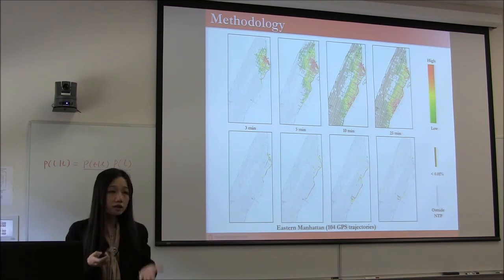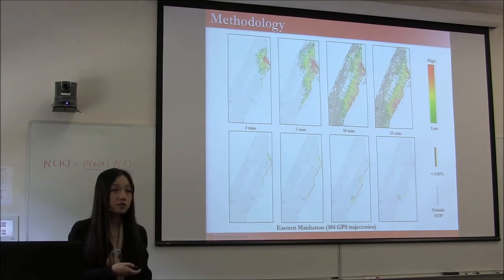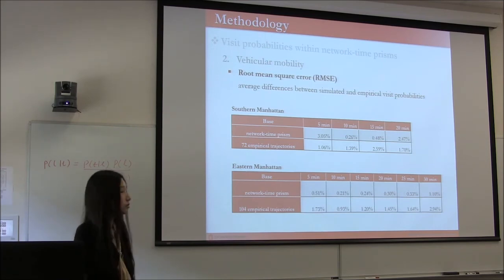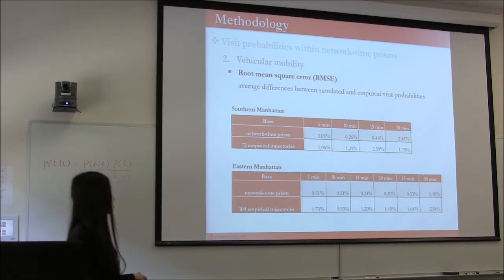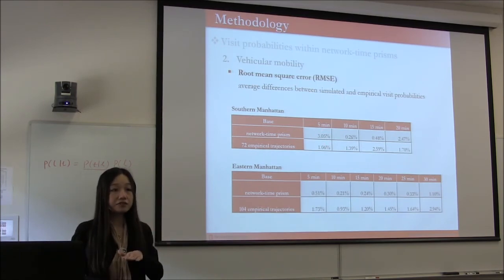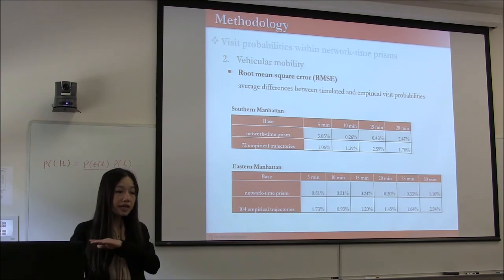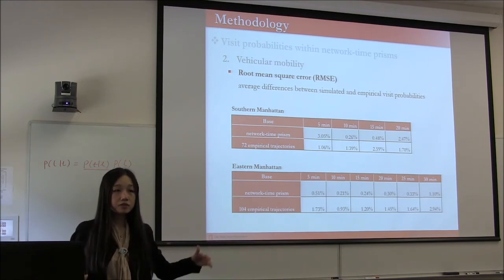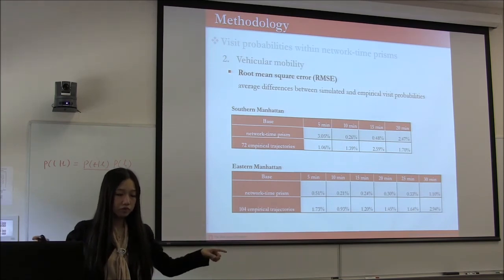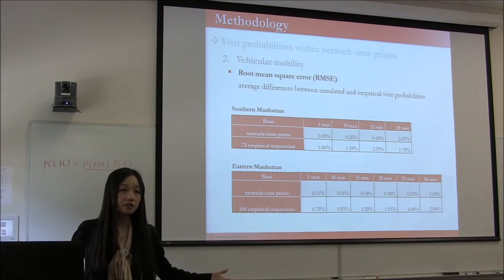As for the quantitative comparison, I should include a slide in the appendix on how to calculate it. The comparison is also based on an edge. The edge is defined as the road link between two road intersections, because for vehicle movement it makes sense, right?